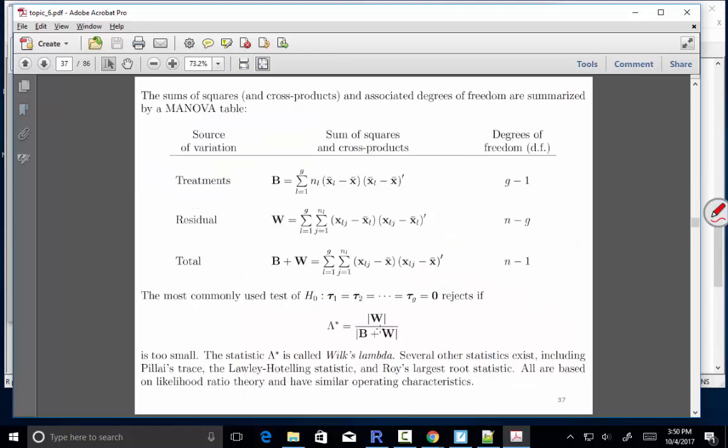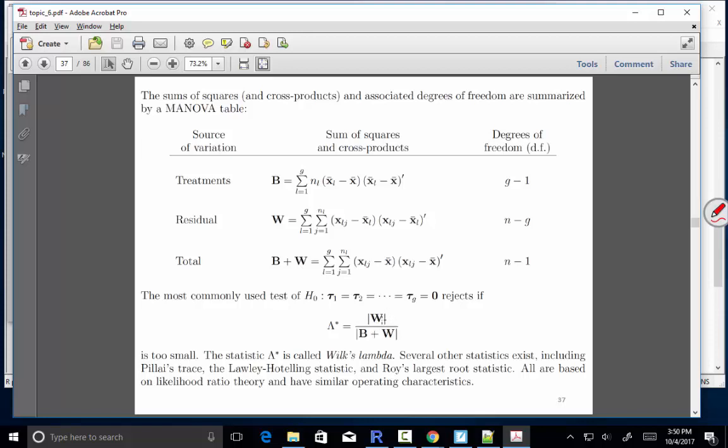And then what we do as a test statistic, it's not exactly the same as the ANOVA case, but it's similar in spirit. ANOVA is all about how much variation there is between groups relative to the within group variation. And I think the most widely used statistic is actually this one for MANOVA. This is a determinant.